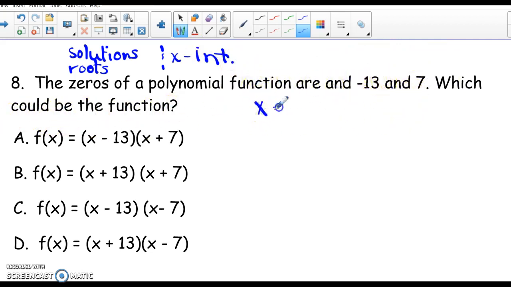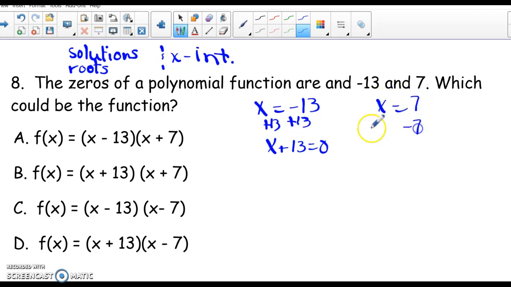So remember I say x is equal to -13, so I add 13 to both sides. So I have x plus 13 equals 0. X equals 7, I subtract 7 from both sides. So x minus 7 equals 0. So I'm looking for a positive 13 and a negative 7. So that would be my function.